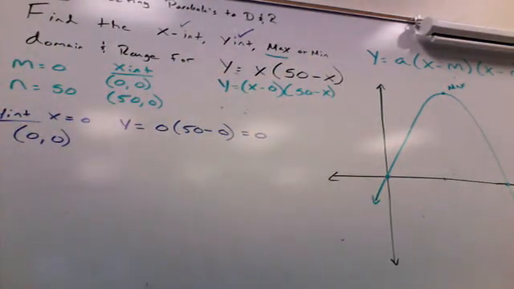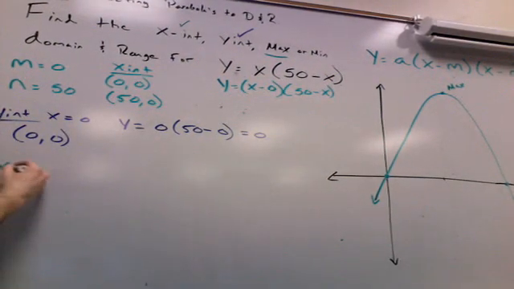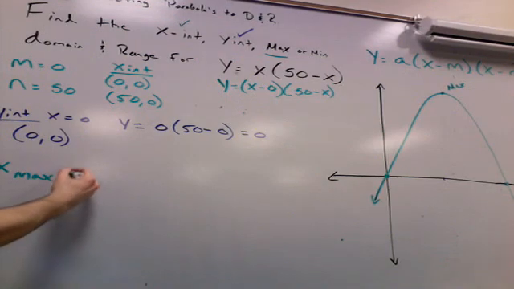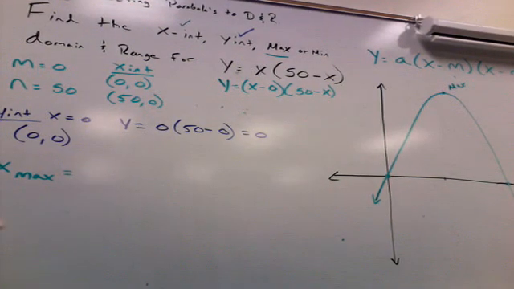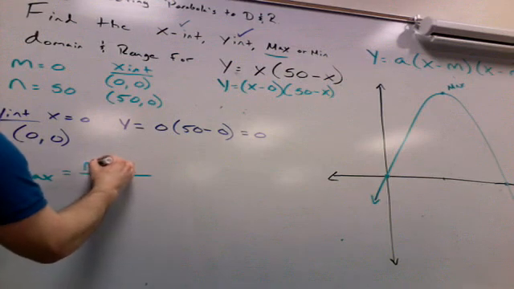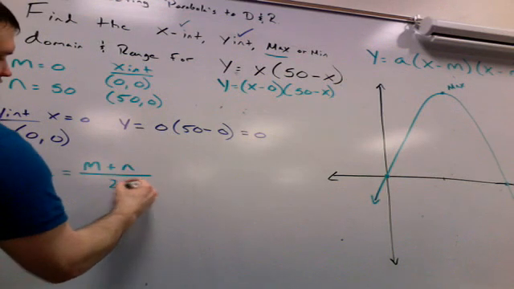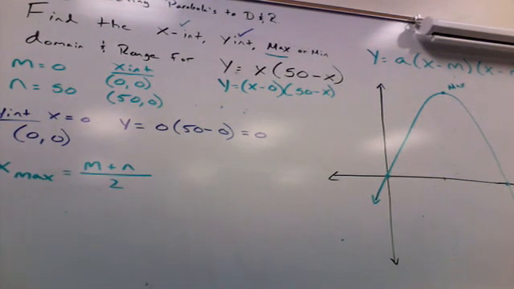Now, to find the x of a max or min, we do m plus n over 2, right? What's my m value? 0. What's my n value? 50.